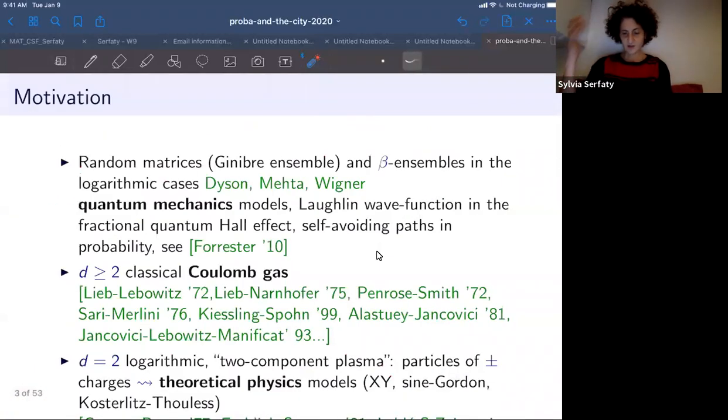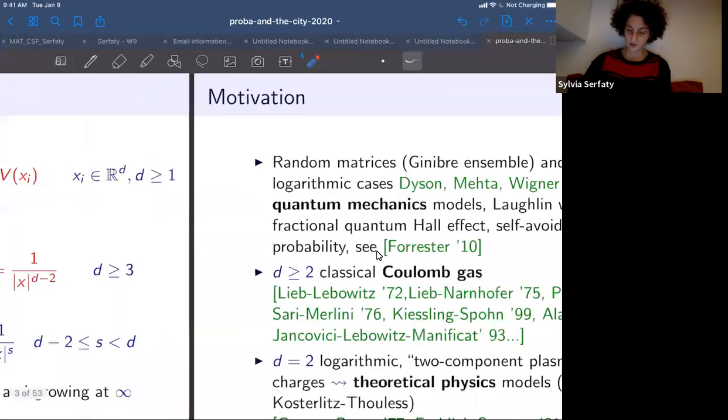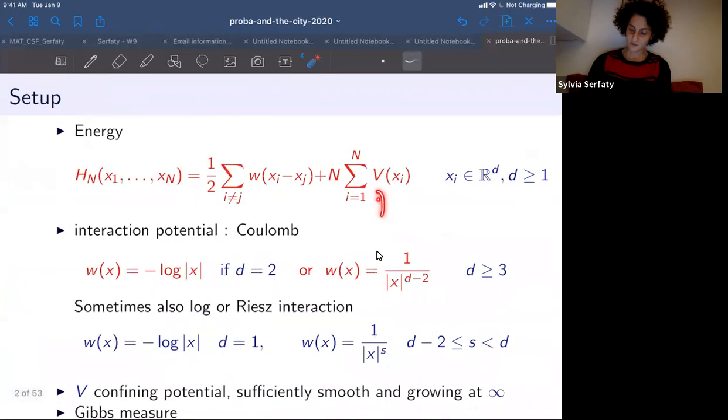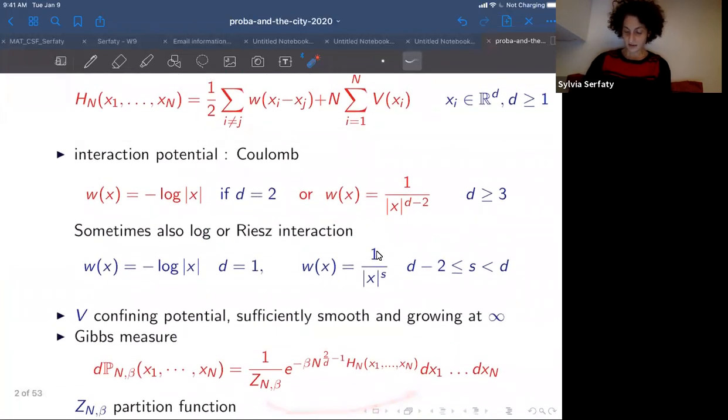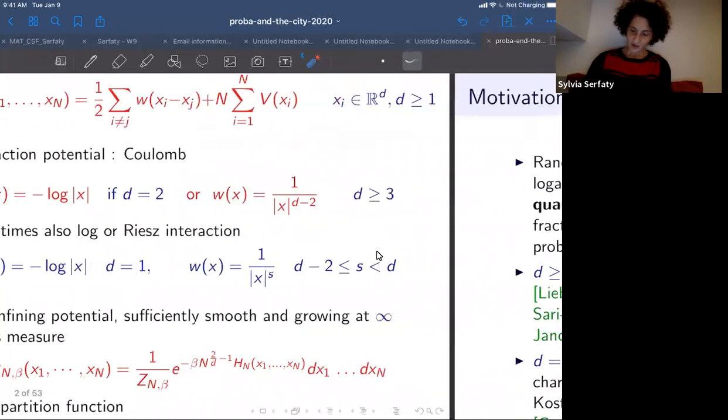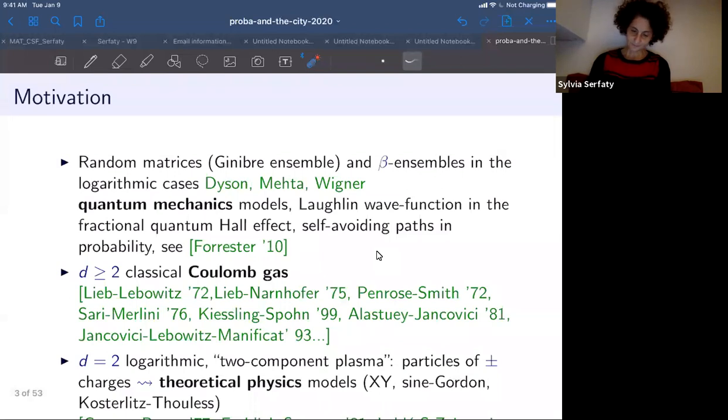All right, so motivations for this are numerous, but quite well known, I think. But there is random matrices because the Ginibre ensemble, for instance, corresponds to a Coulomb gas in dimension 2 with confinement potential V, or what I mean rather is that the eigenvalues of the Ginibre ensemble follow exactly this law in dimension 2 with the quadratic confinement for beta equals 2.